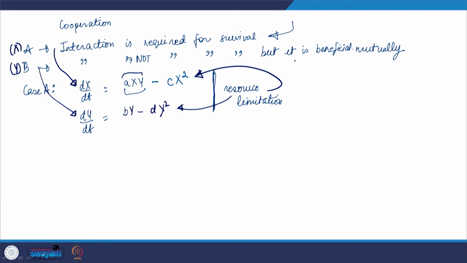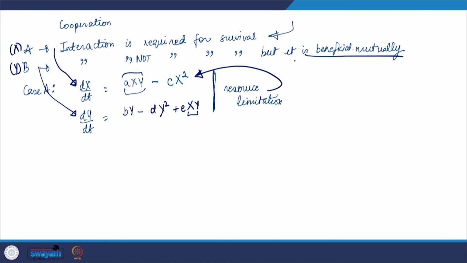Now, the important part is that Y is also benefiting from its interaction with X, even though the interaction is not necessary for the survival of Y. So now we need to add a term that shows that any interaction between X and Y is beneficial for the species Y. So here we add another term and multiply X and Y. Remember, when X and Y are multiplied, we are showing interaction or coexistence of both X and Y. So this is a format of a model where we have modified the Lotka-Volterra models to simulate cooperation between two species X and Y.